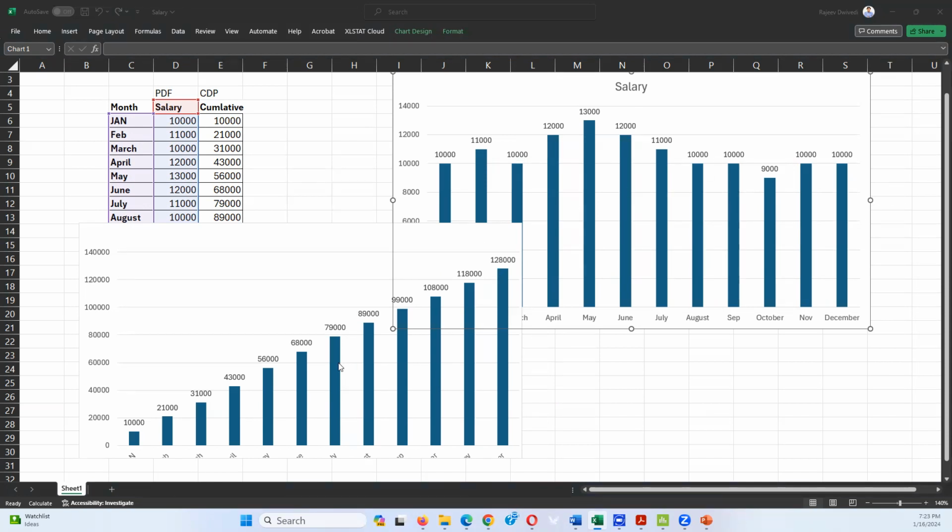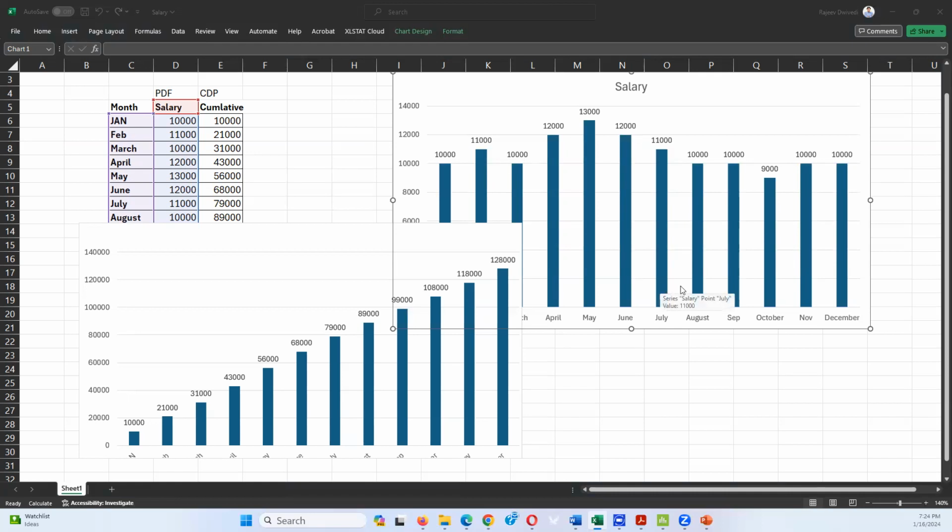But here in cumulative, you can do it in one step, because total probability is 1, which is 128,000 here. So adding together, it can give you a very simple answer in one step. What is the salary after June?